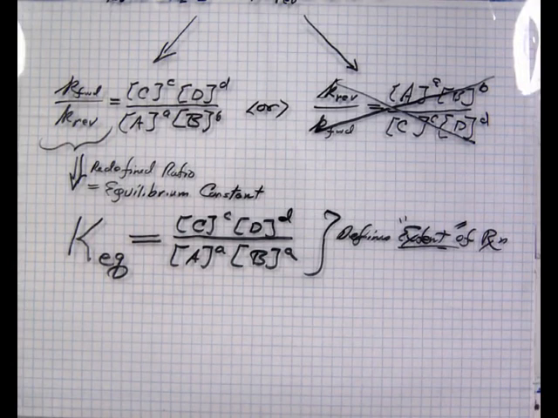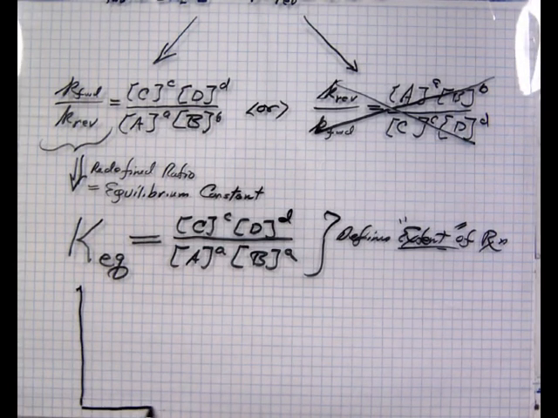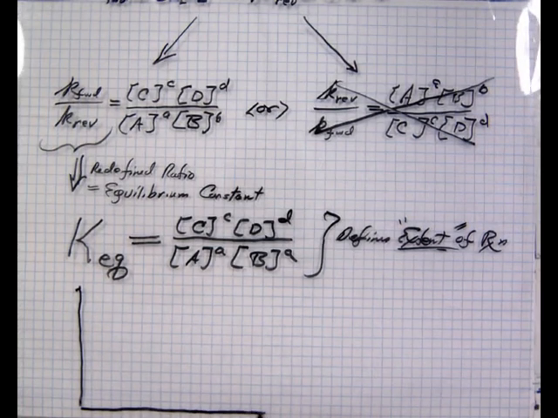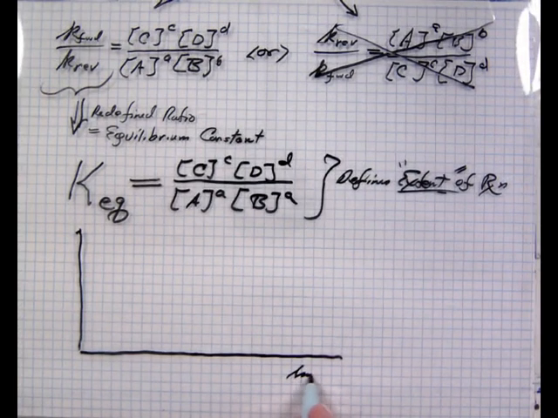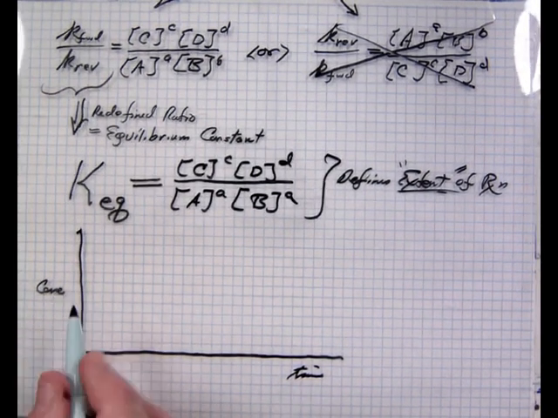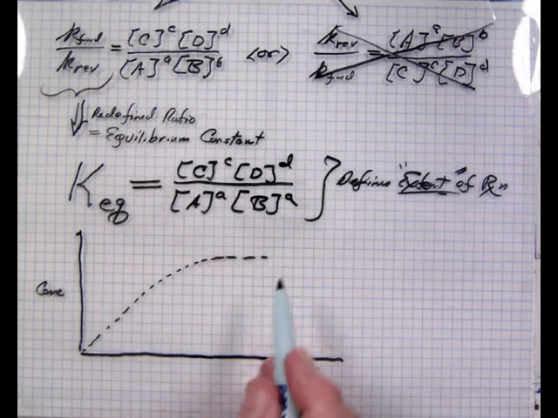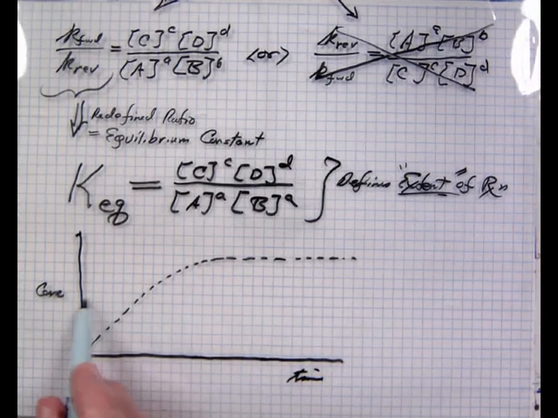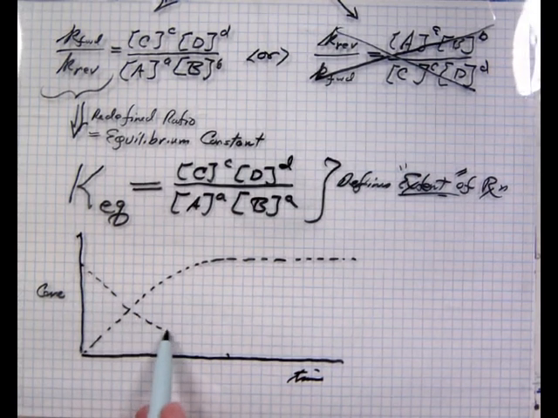Some reactions reach equilibrium very quickly, and some reactions do not. If we consider the growth curves for a couple of reactions, one that reaches equilibrium quickly and one that does not, over time, concentration, if a reaction takes a long time to reach equilibrium, say in this case, I'm hypothetically identifying this as the one that takes a long time.